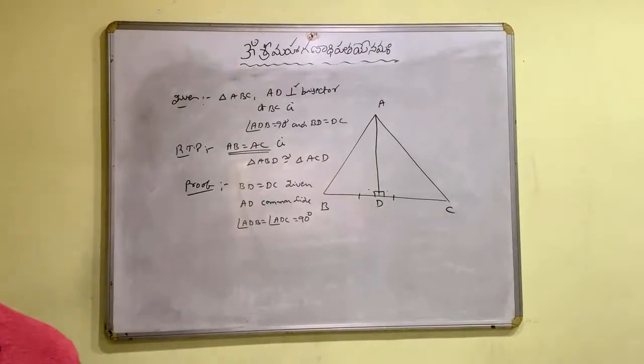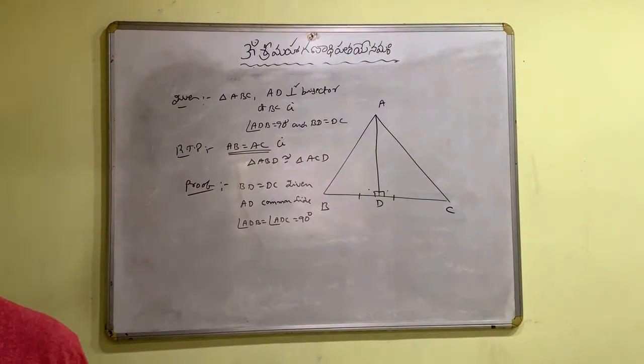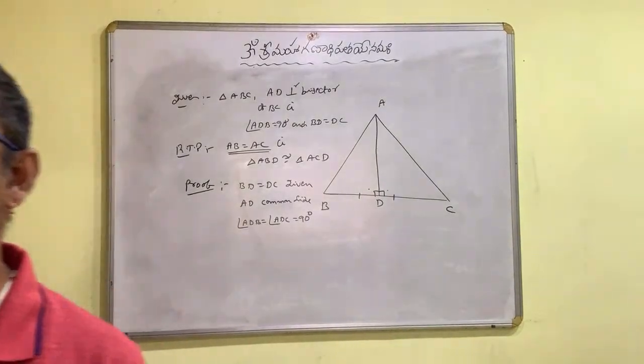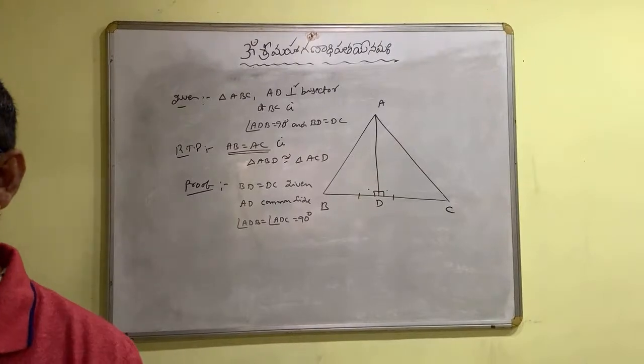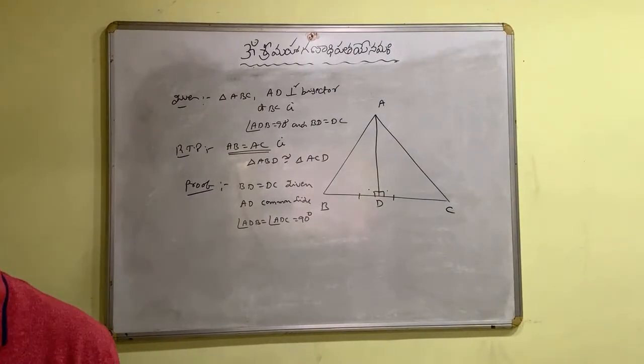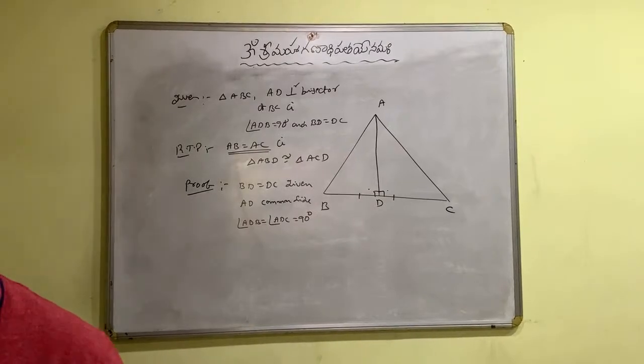I didn't understand this angle 1 and angle 2 concept. What is angle 1 and what is angle 2? Everyone is saying that. Did I name any angle as 1 there? Then how can you say angle 1 is equal to angle 2?